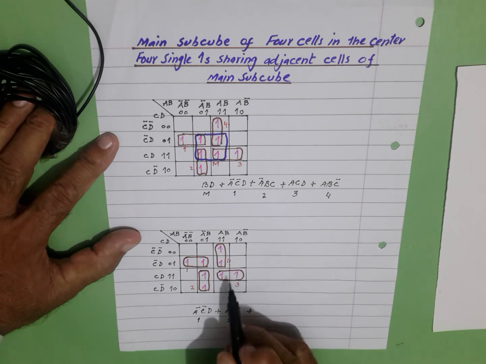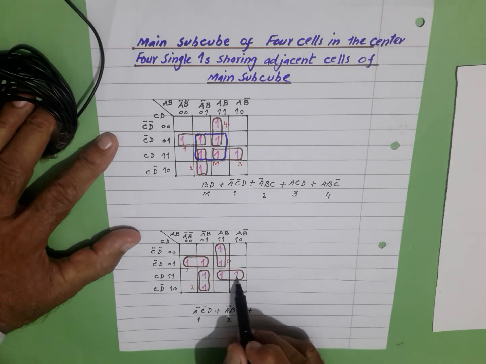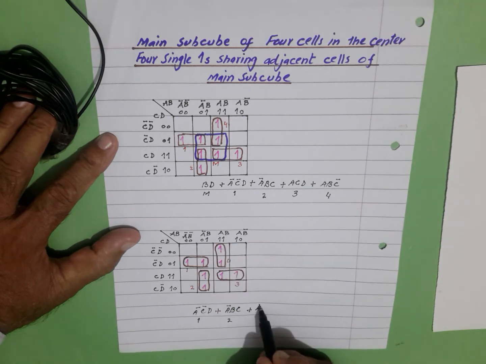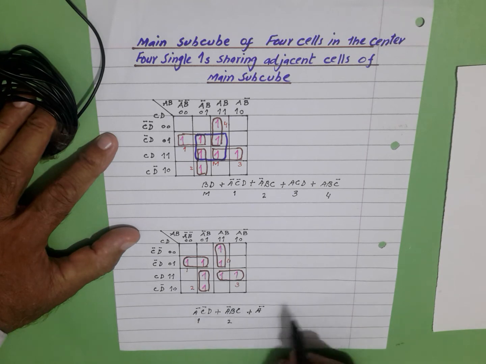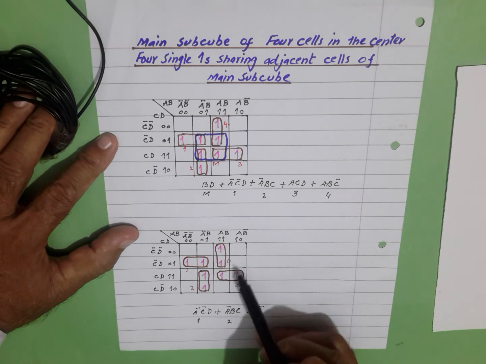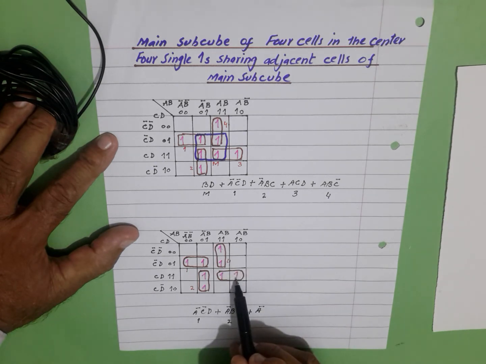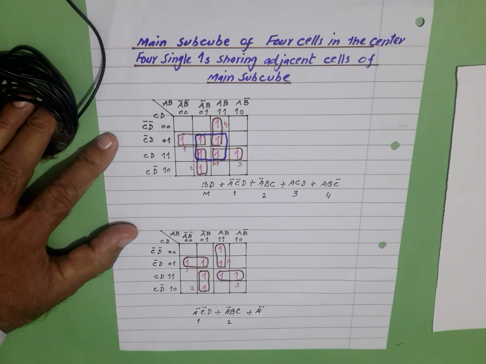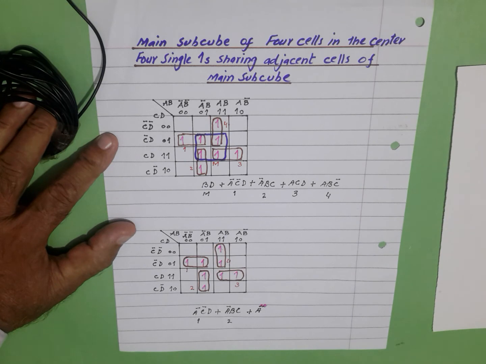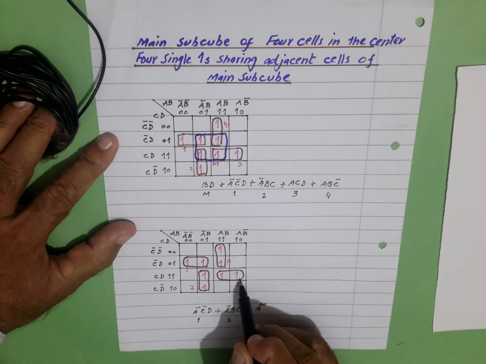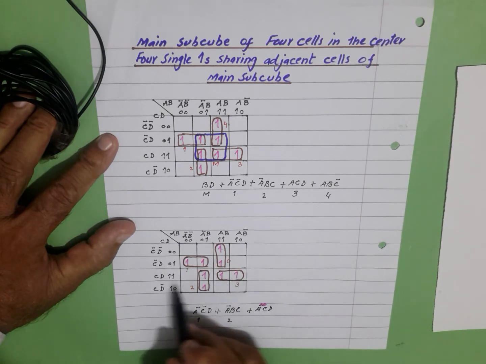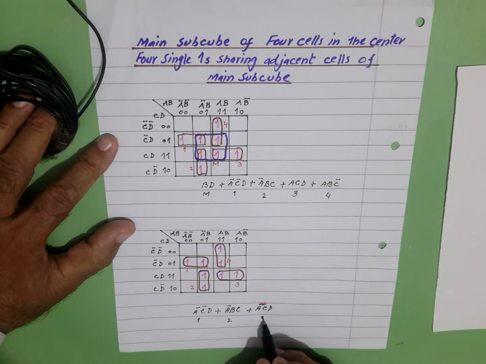For the third loop, going from this column to this column, we see that B is changing but A is constant, we can write A. Horizontal rows, C, D, horizontally it is C, D, it is third one.